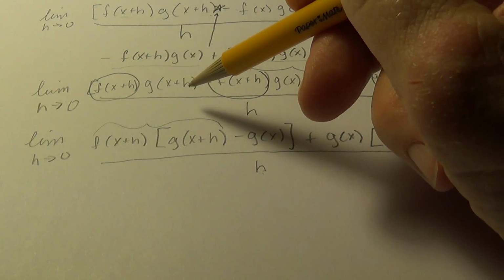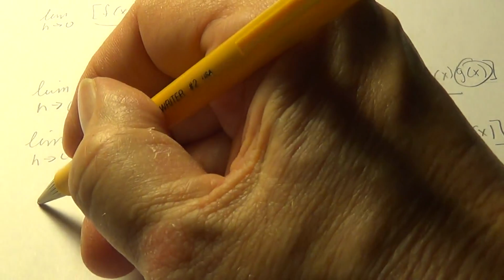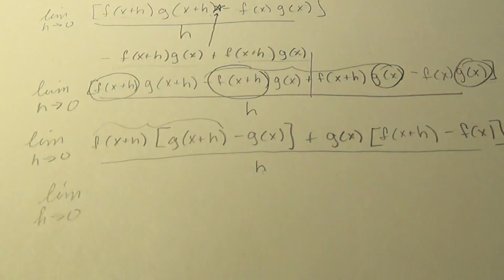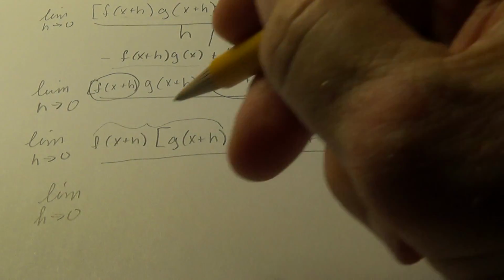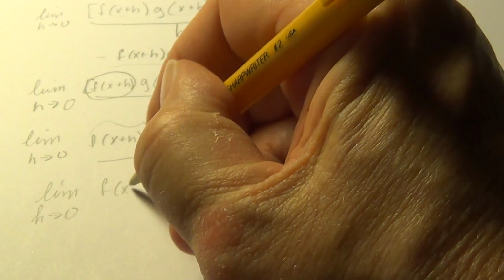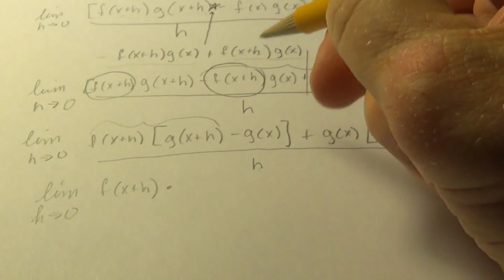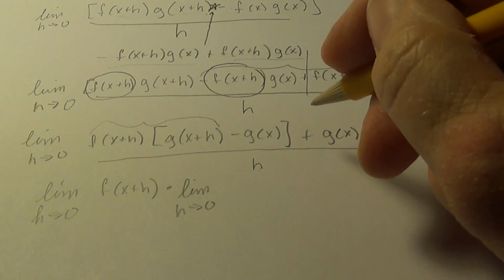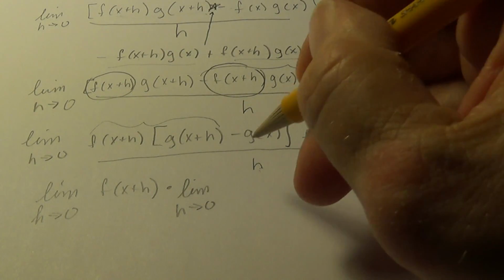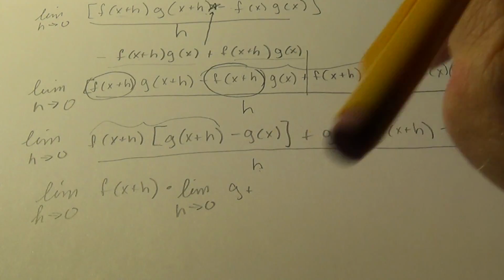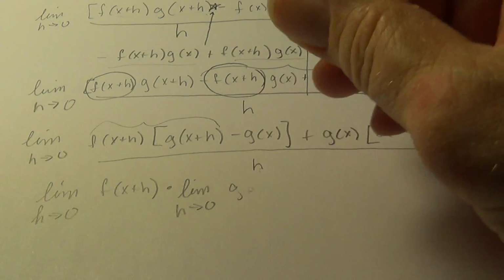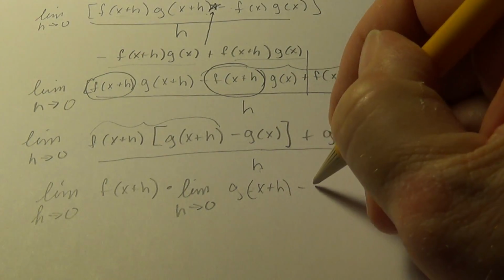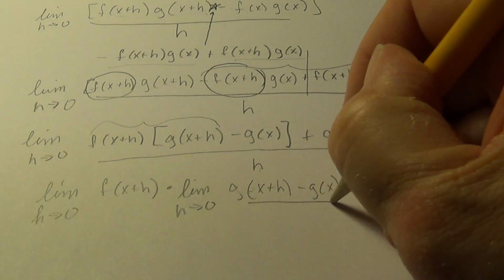So the limit of the product is the product of the limits. So I'm going to break it up into the limit as h approaches 0 of f of x plus h times the limit as h approaches 0 of g of x plus h minus g of x over h.